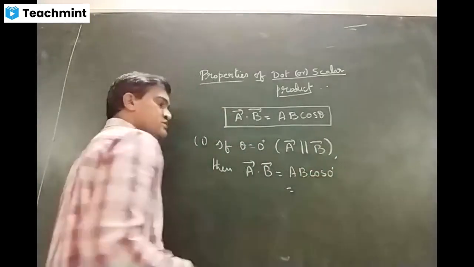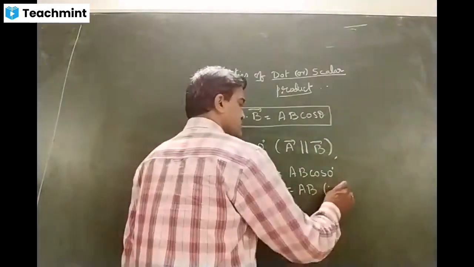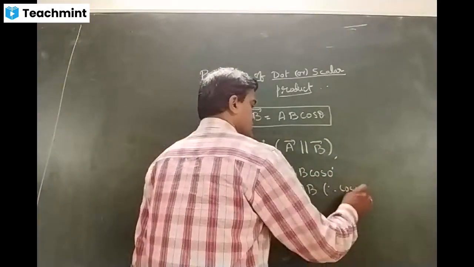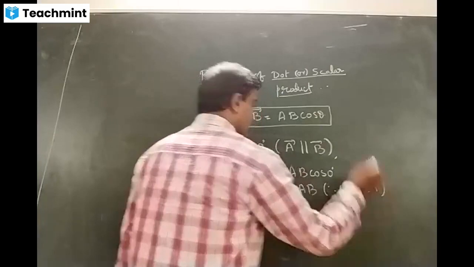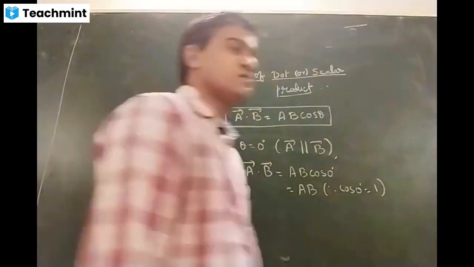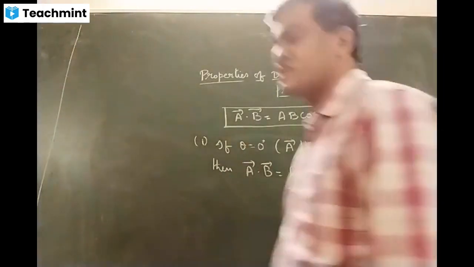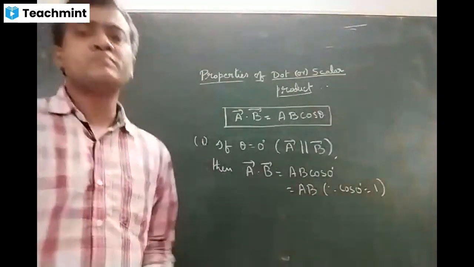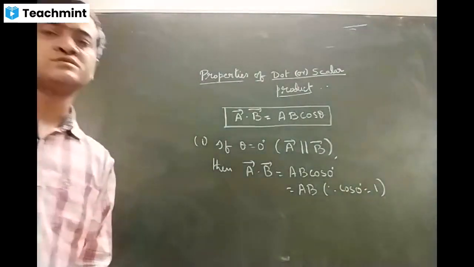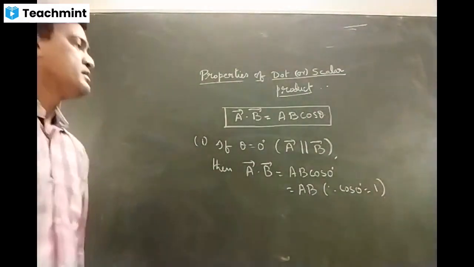Cos 0 is 1, so simply you will get AB, since cos 0 degrees is equal to 1. So this is the first property.